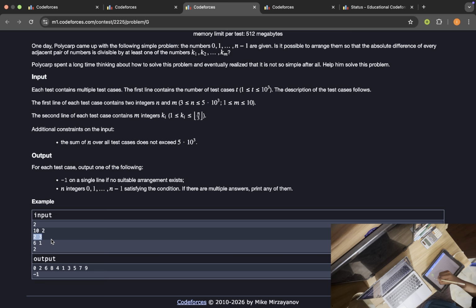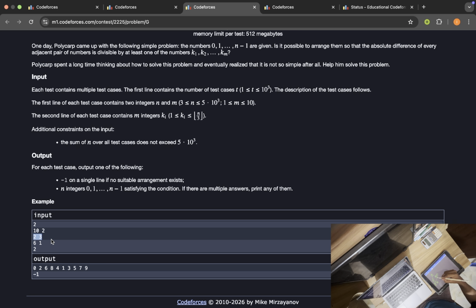Zero can pair up with 2, 3. 1 can pair up with 4, 5. 2 can pair up with 4, 5. 1 can pair up with 3, 4.